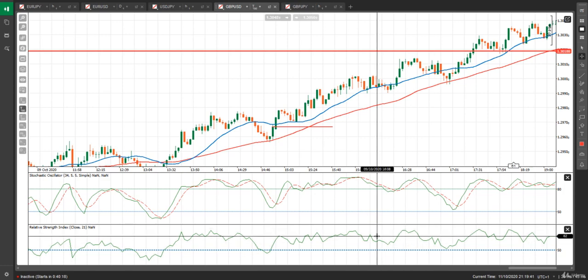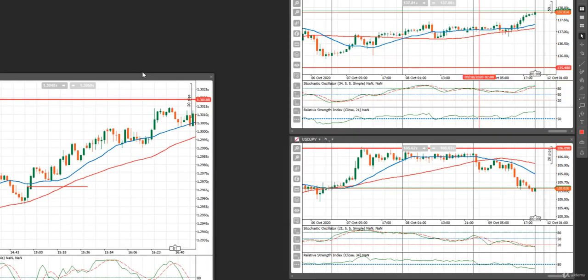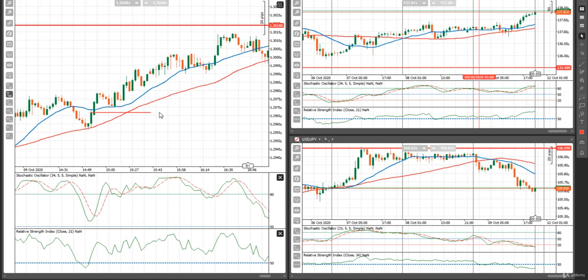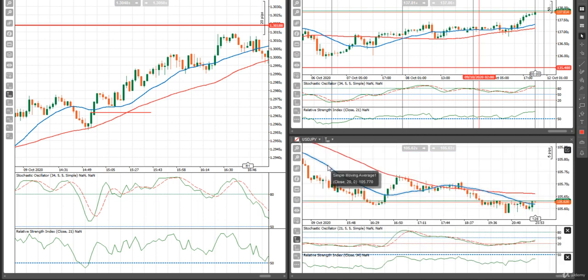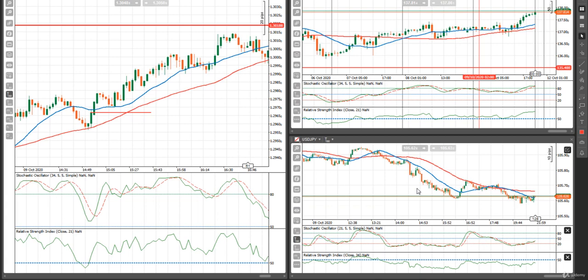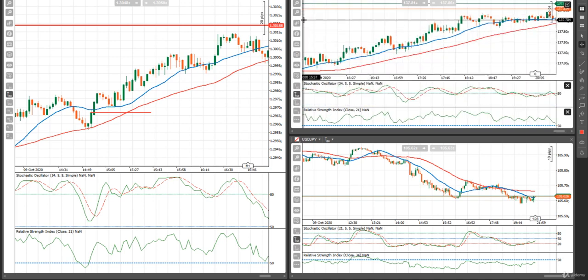When you have a volatile market, in this example, this is the currency pair that we want to trade, and this is the confirmation currency number 1, and this is confirmation currency number 2.